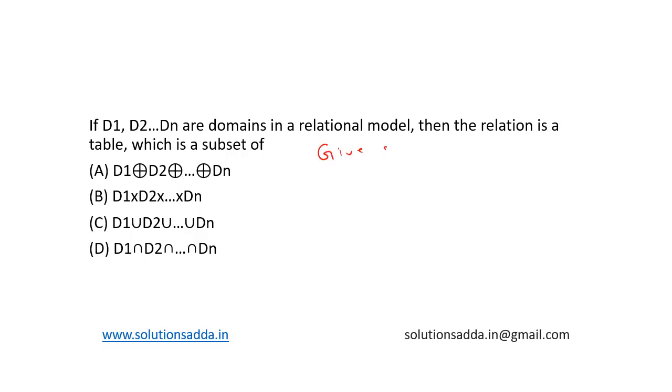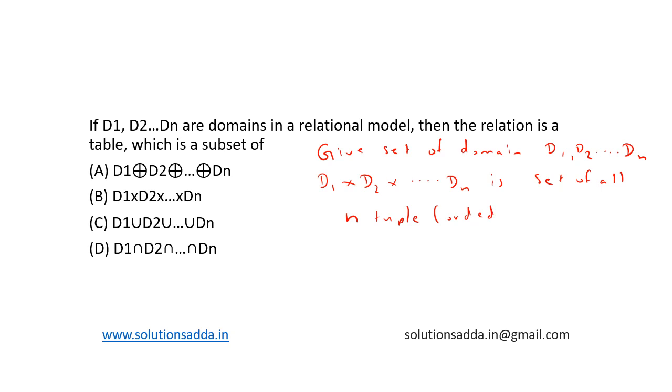So given a set of domains D1, D2, etc. Dn, the Cartesian product D1 cross D2 cross etc. Dn is the set of all n-tuples that are ordered in this manner, D1, D2, etc. Dn, such that d1 belongs to D1, d2 belongs to D2, etc., dn belongs to Dn.